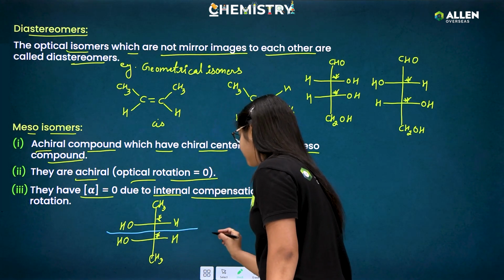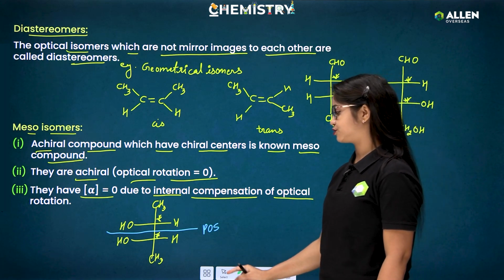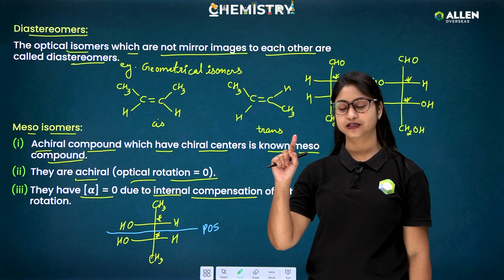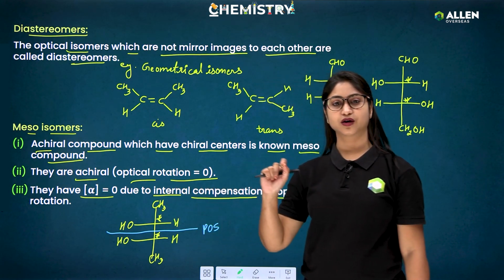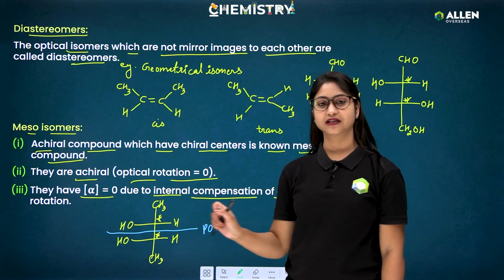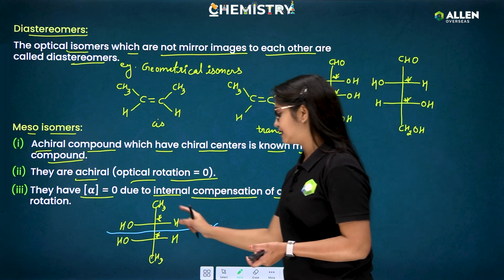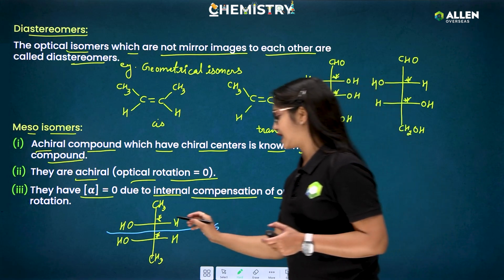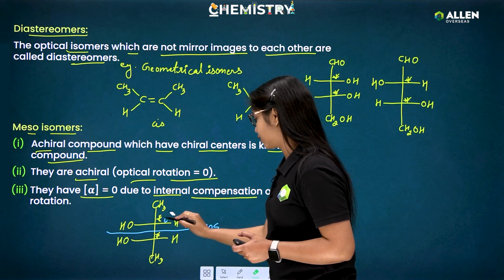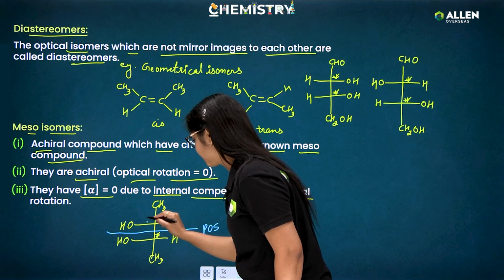Due to this plane of symmetry, suppose this chiral carbon is rotating the light right hand side or clockwise, means dextro-rotatory, and the other chiral carbon is rotating the light anti-clockwise, levo-rotatory, then these two are going to cancel out their rotation of light internally.